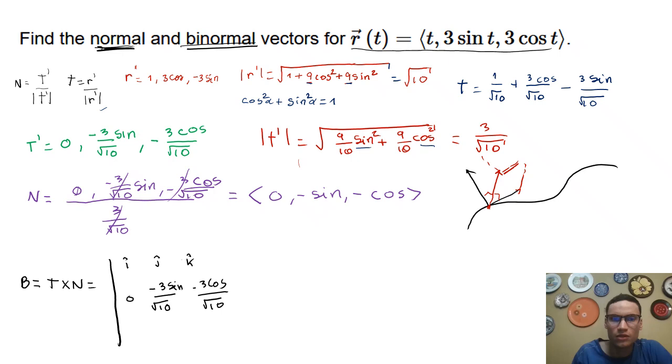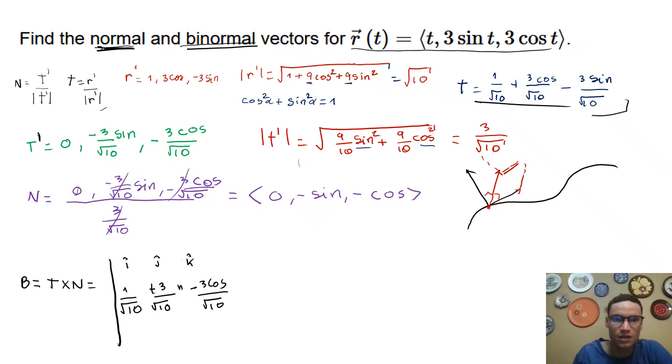Oh, I wrote this, I was writing the prime. It's not the prime, it's the tangent vector. It's this one. Sorry. This is not 0. This is 1 divided by the square root of 10. And this is positive, and this is negative. And it's not sine here.